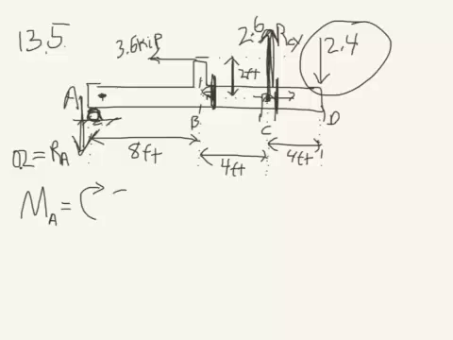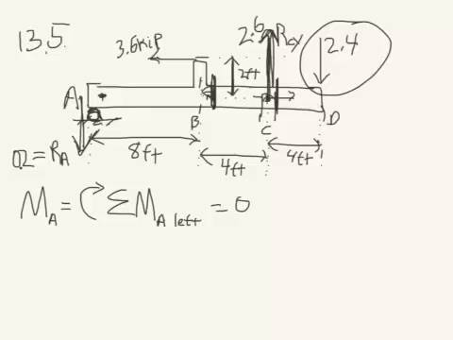So we have to sum up all the clockwise moments to the left of A. And we see that there aren't any, because the beam ends right at A. So that's just zero. And this is something that's consistent among all problems. At the very ends of a beam, the bending moment is always going to be zero.